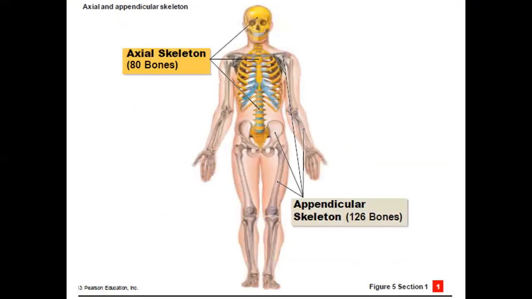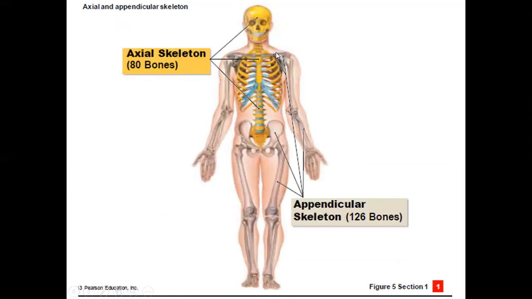And this figure is showing that. So here, the yellow is the axial skeleton. The blue here is some cartilage that connects the ribs here to this bone called the sternum, and then the vertebral column. So all the yellow here is the axial skeleton.